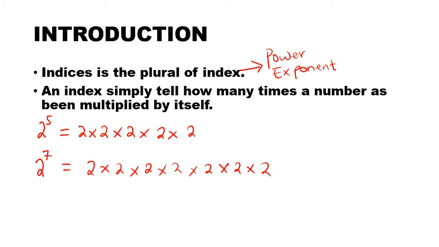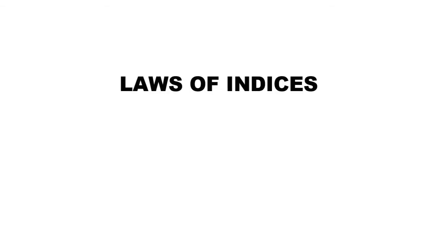Is that clear? Next, we'll go into the laws of indices. Okay, we'll start with the multiplication law. And in this multiplication law, we are looking at multiplying powers with the same base. Okay, with the same base. So if I have 2 to the power 5 now, this 5 is the index, which is the power.